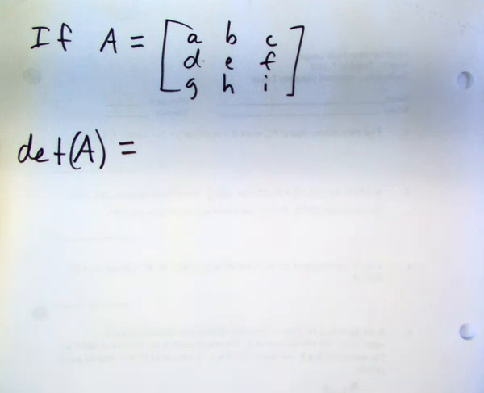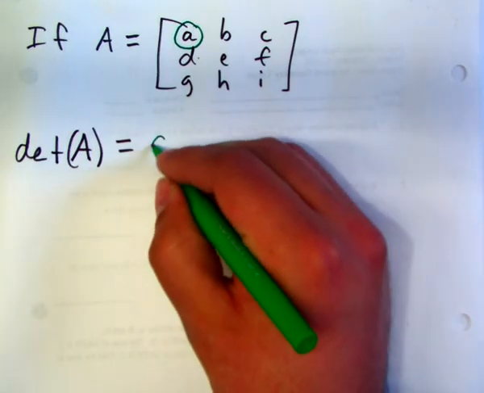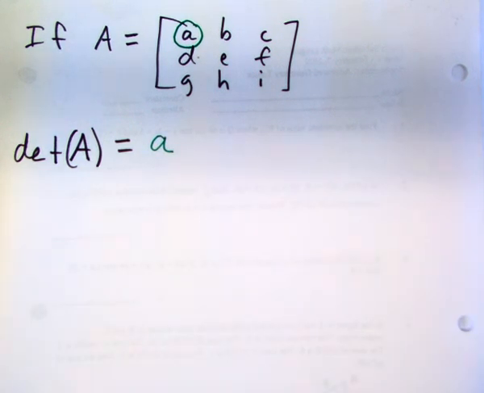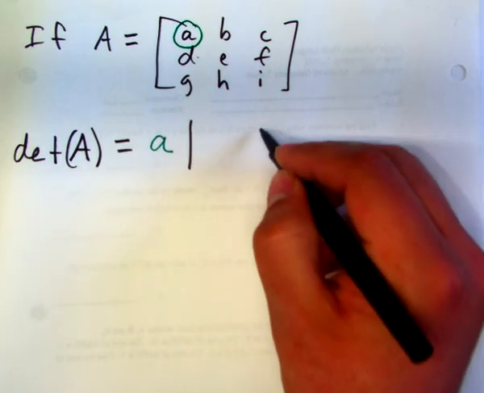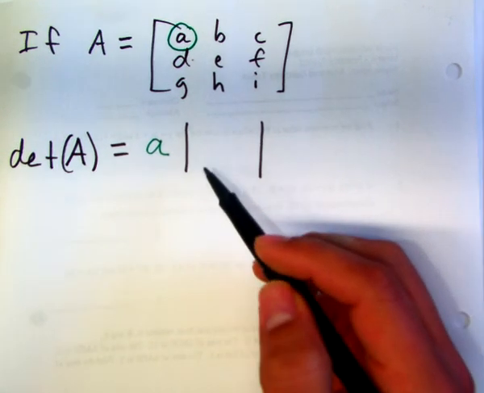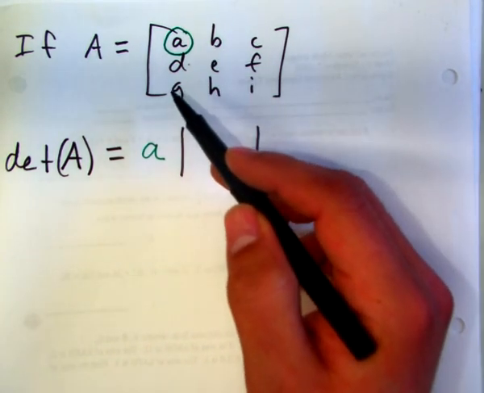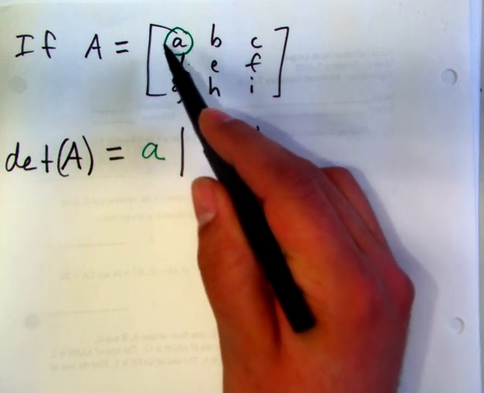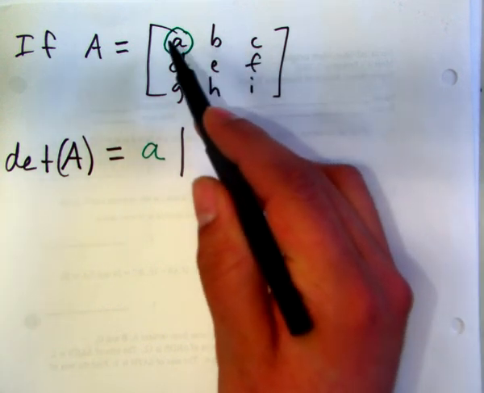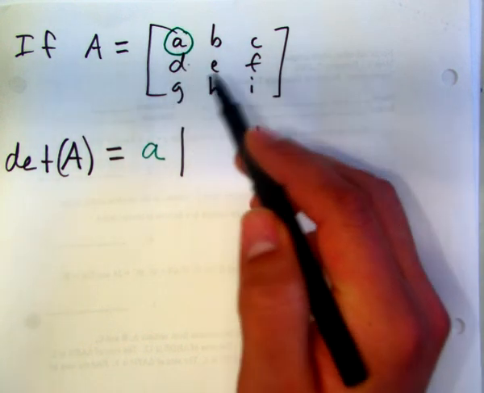You take whatever A is, and now what you do is create a little 2 by 2 out of what is not in the same row and column as A. So if you visualize eliminating this row up here and eliminating this column right here, what little 2 by 2 is left? Good.